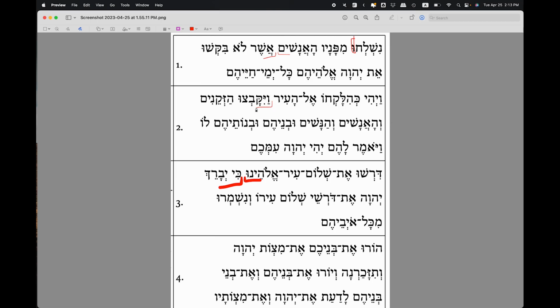And so this main clause then, it's tricky with the double kof here, Vayikkavetsu. Vayikkavetsu. So what are we dealing with here as far as a root goes? Well, it's pretty straightforward. The shurek is an obvious suffix. That would indicate that the tzada is part of the root, and if the tzada is part of the root, beit, kof, tzada, all of these look pretty good as far as a root here.